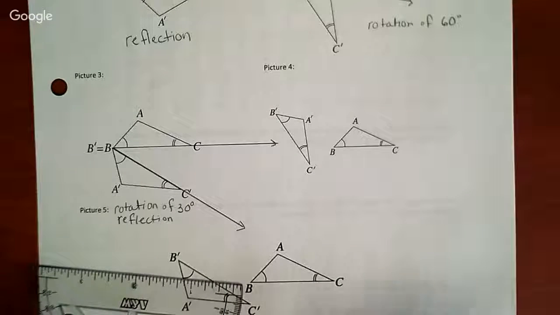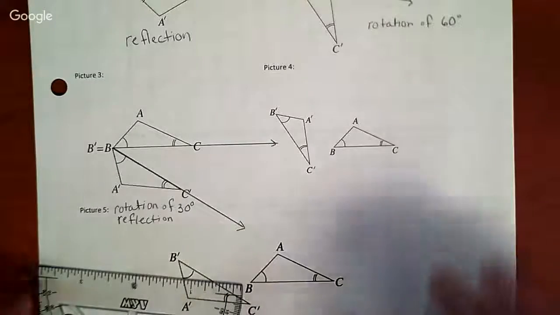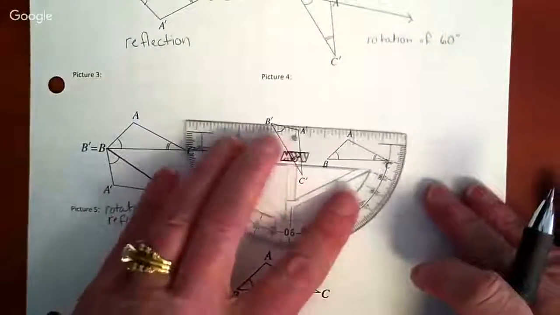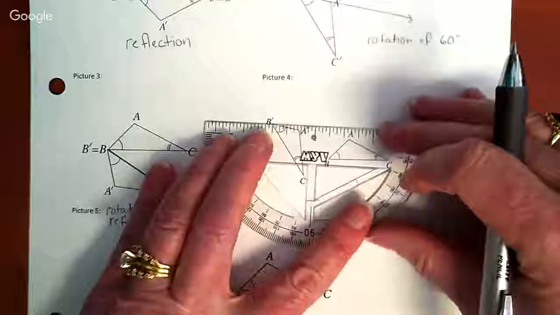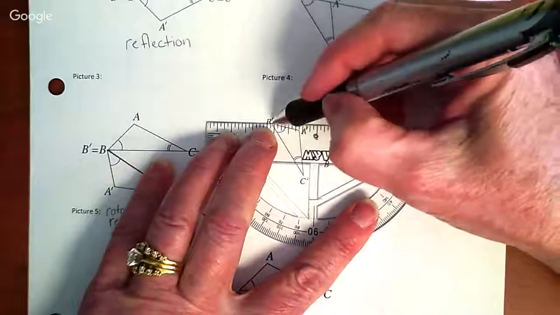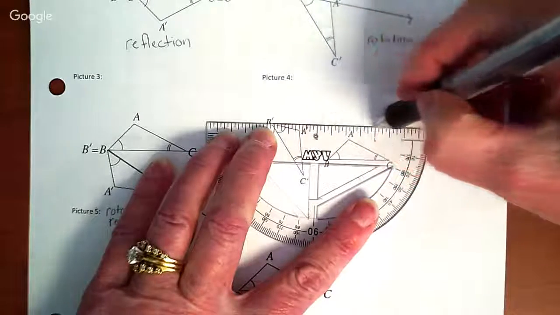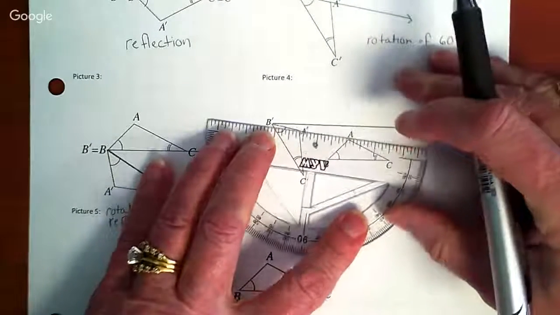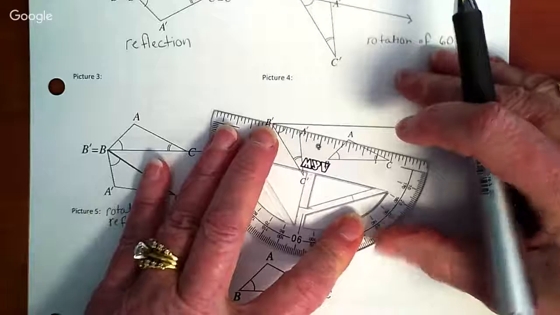The next one is a translation and a rotation. So here I'm going to draw a line that goes straight, and I'm going to show you why. That's going to go straight across here, and then one that's going to come down this way.